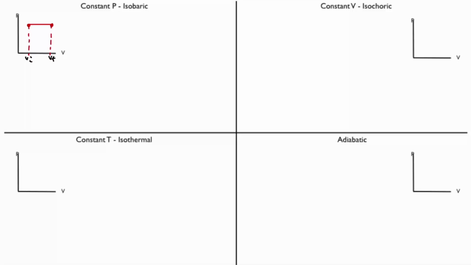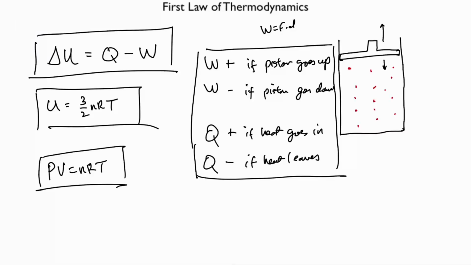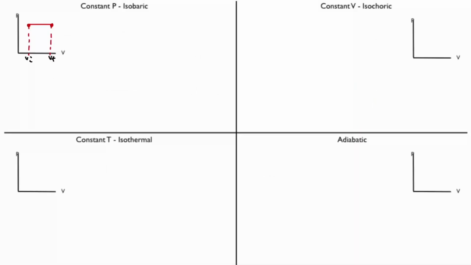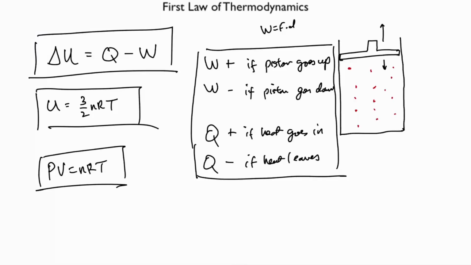All right. In a constant pressure process, if we go back to the first law of thermodynamics, where the change in internal energy is equal to Q minus W, okay? In a constant pressure process, the amount of work that's done is equal to the pressure, which is a constant, times the change in volume of the system. Pressure is remaining the same, but this piston is going places, right? The volume is changing.